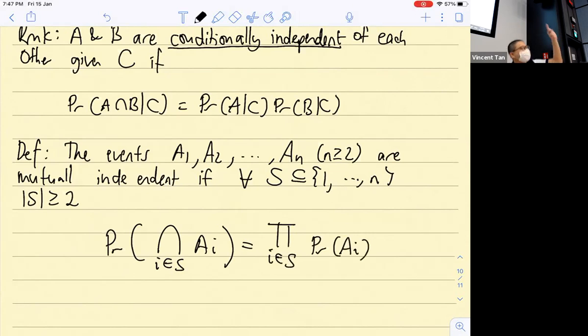So if I have three events, A1, A2, A3, they are mutually independent if I look at all pairs and all triples. There's only one triple in a family of size 3. I look at all 3 pairs and the triple, and they satisfy this relation. I need to check the pairs as well to be able to assert mutual independence.